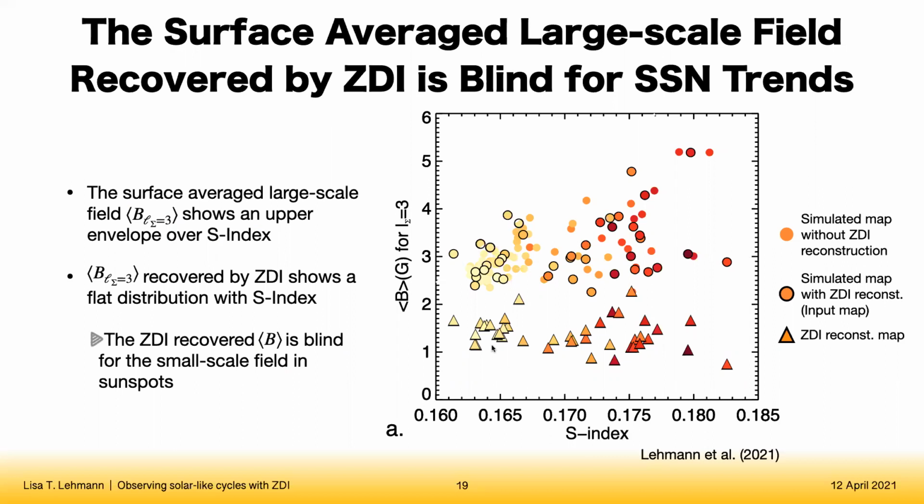So we see that for ZDI, this is only a flat distribution, ranging from 0.8 to 2.4 Gauss here. Also, the input maps show quite a flat one, but with an upper envelope. But really here we see that the Sun is such a slow rotator that even if we have a high number of sunspots, or especially if we have a high number of sunspots, the magnetic polarities are just canceling within the resolution elements.